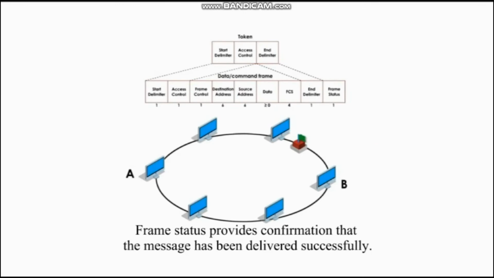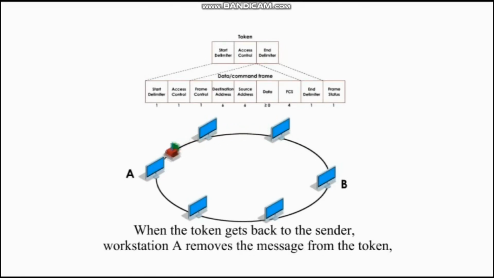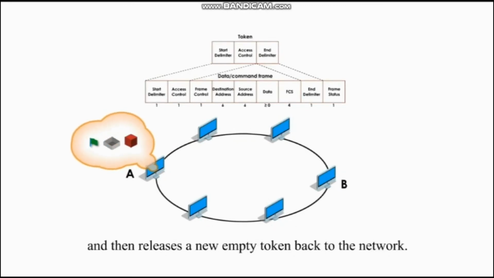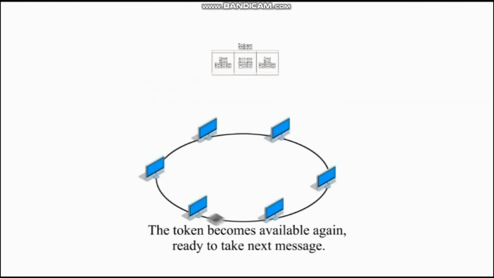It is like raising a flag telling others data is already delivered and copied. When the token gets back to the sender, workstation A removes the message from the token and then releases a new empty token back to the network. The token becomes available again, ready to take the next message.